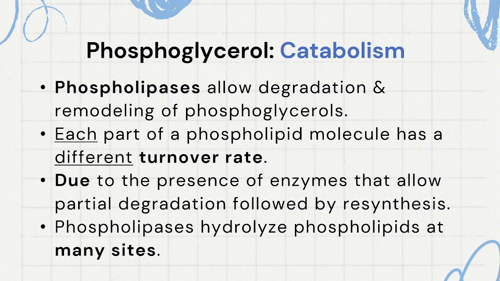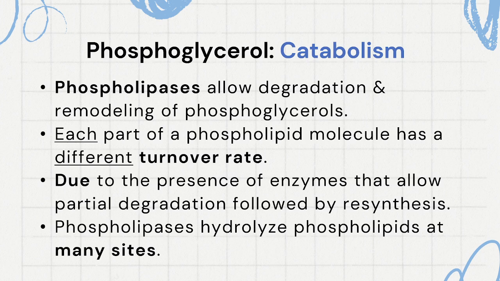Phosphoglycerol catabolism is by phospholipases, which degrade and remodel the phosphoglycerol molecule. Each part of the phospholipid molecule is acted upon by a different enzyme, and it has a specific or individual turnover rate, due to presence of enzymes that allow partial degradation followed by resynthesis.